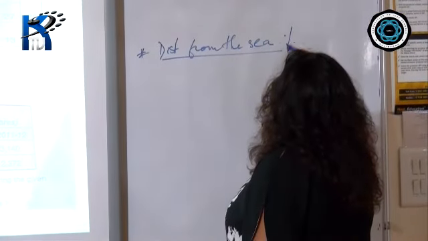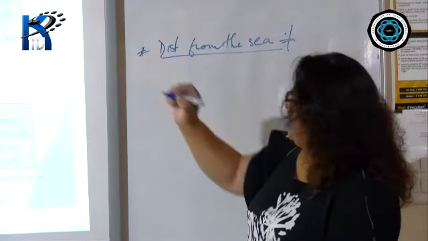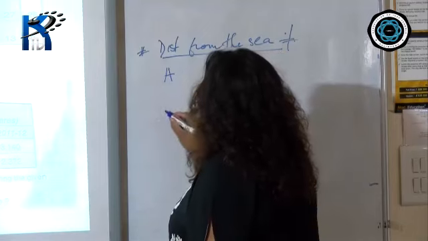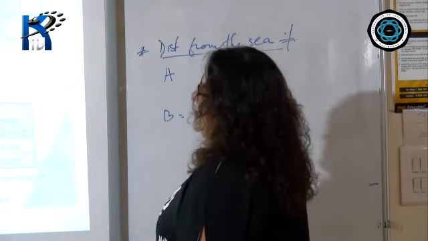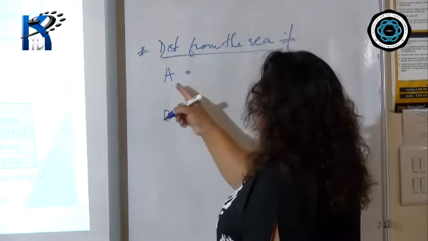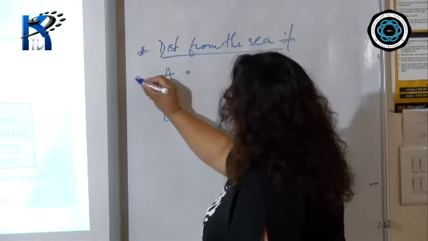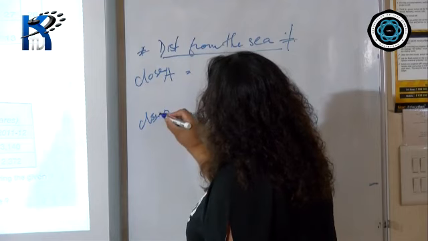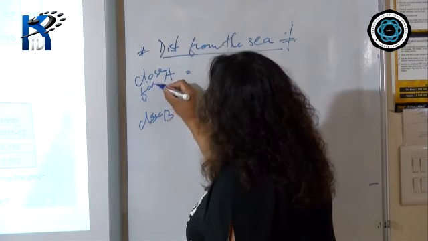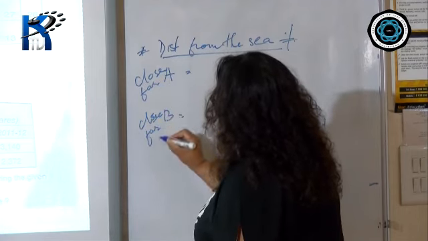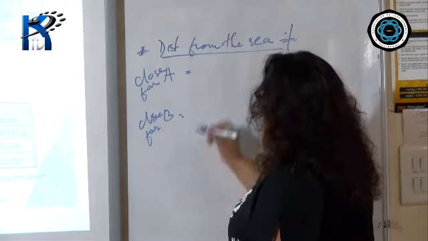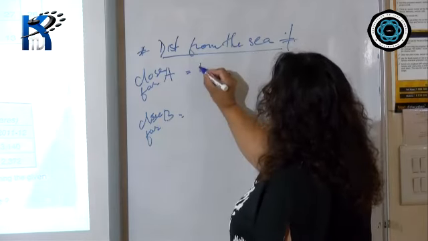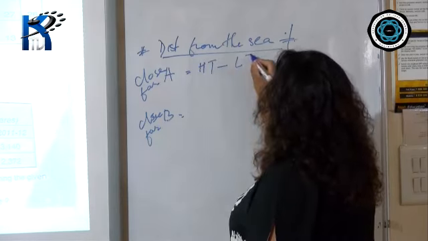So, if you look at station A and station B, to find out whether A is close or B is close, or A is far or B is far from the sea, what you have to do is take station A, highest temperature minus the lowest temperature.